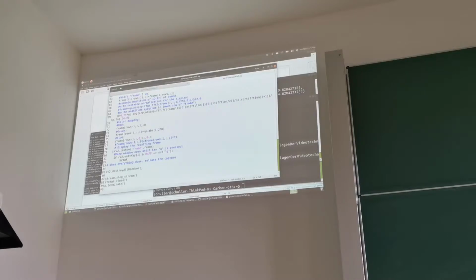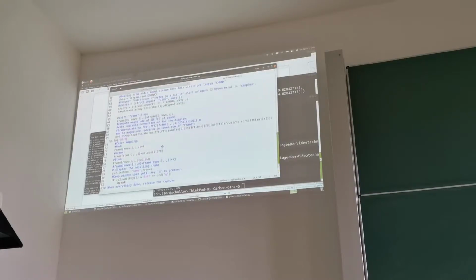And then in this row here, I'm using imshow to display the resulting frame. And to make it time dependent, I shift the rows one up each time I run this while loop.